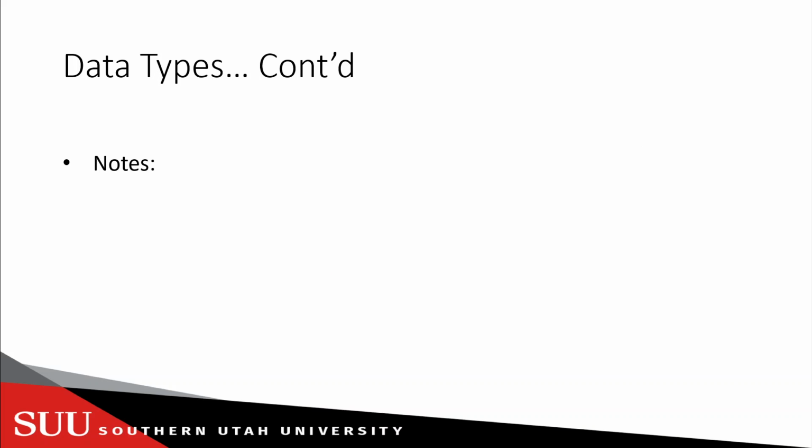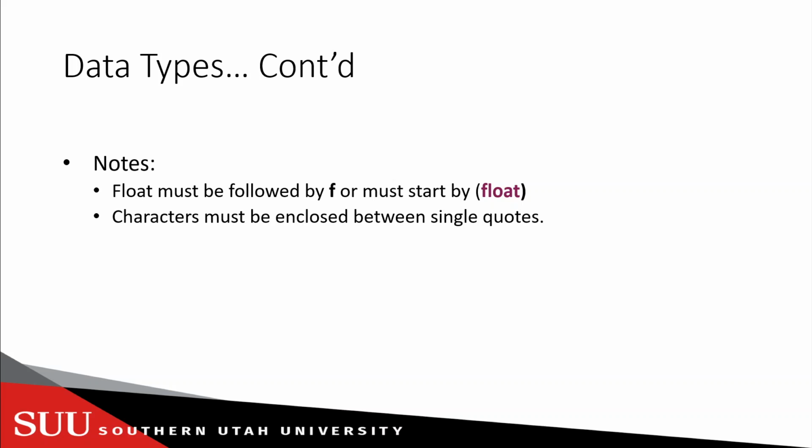Now, a couple of notes. Float must be followed by the letter F, or must be started by having float in parentheses. Characters must be enclosed between single quotes, otherwise you will get a compile time error.